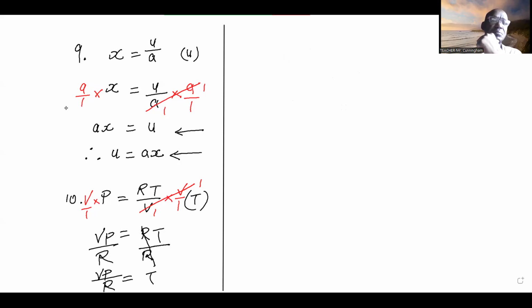So I then have T is equal to PV over R. Antonio, is that correct? You have T is equal to, P over V. So, I talk louder, bro. Old age, can't hear.